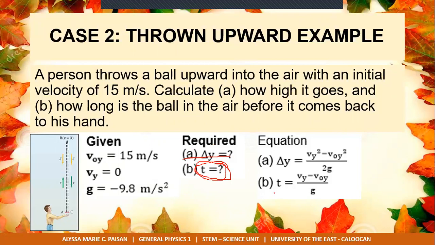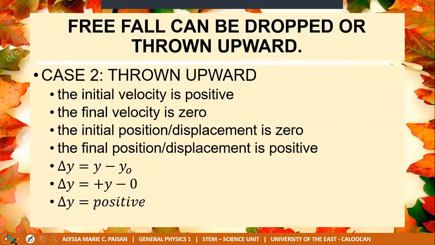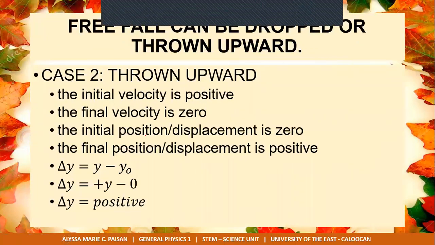Okay? And then, for time naman, we could use v y minus v naught y, all over g. Okay? Galing iyan sa, kung babalikan natin, wait lang, ibalik natin para makita.